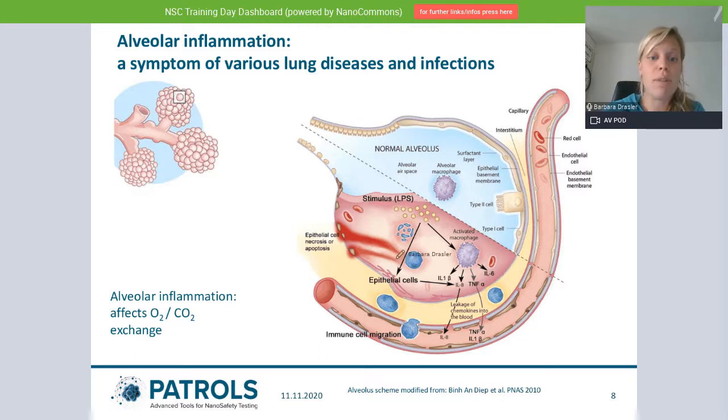And it's important because when alveolar tissue is inflamed, this really impairs the gas exchange in the lungs. And this then also means that not enough oxygen might be delivered to other organs.